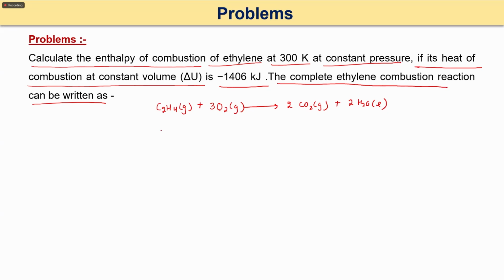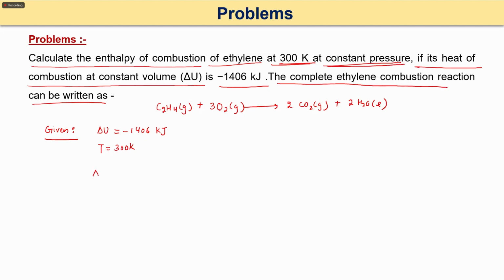Now what is given? We are given delta U, which is equal to minus 1406 kilojoule. Temperature is given, which is 300 Kelvin, and we are asked to calculate the enthalpy of combustion at constant pressure.